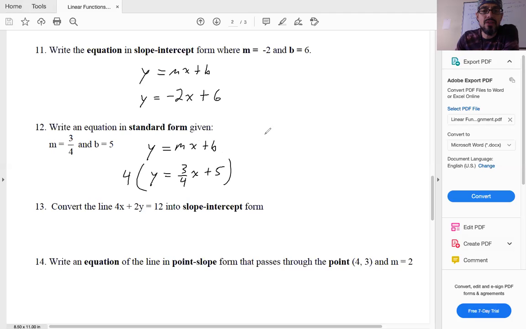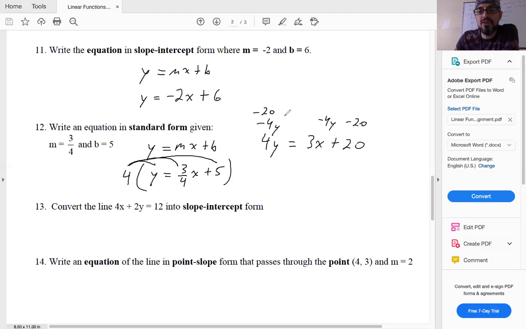And what I'll get is 4y equals 3x plus 20. So I'm multiplying 4 times y, times 3 over 4 x, and times 5. From here, I'm going to bring the y over to the right-hand side, and I'll bring the constant over to this side.